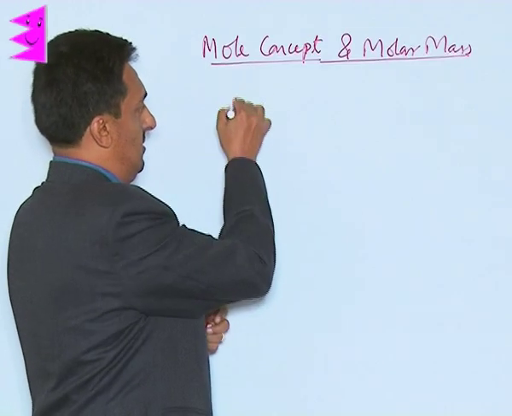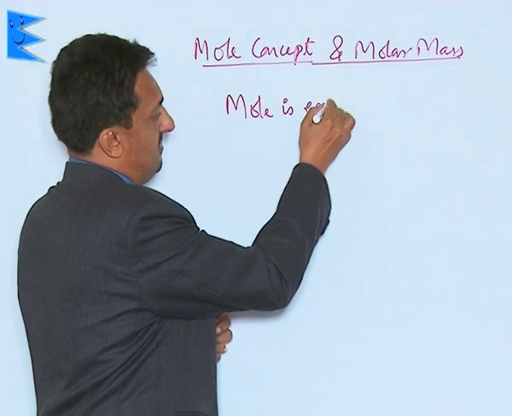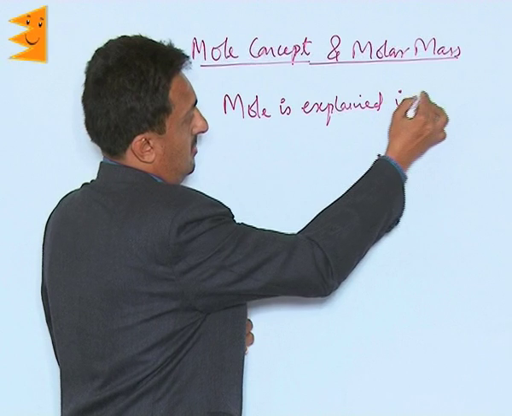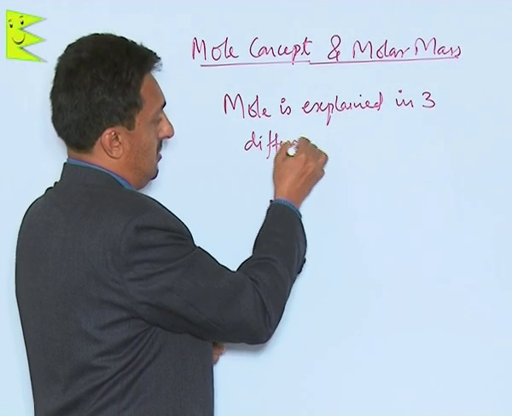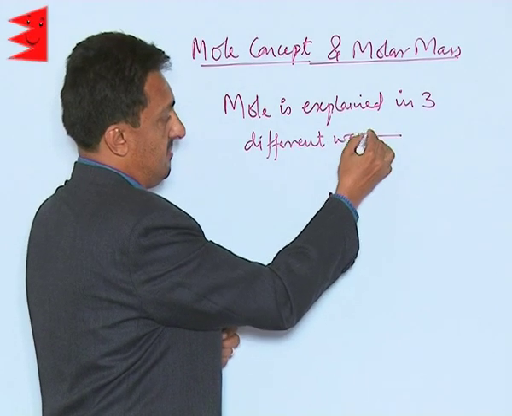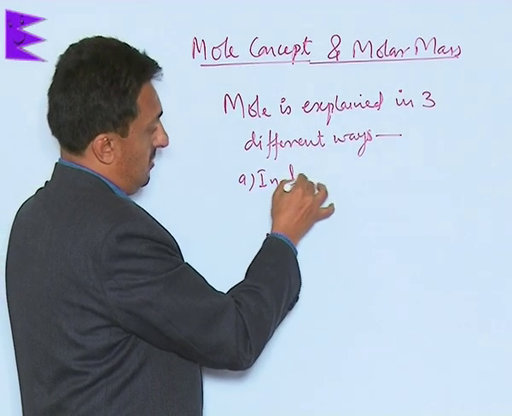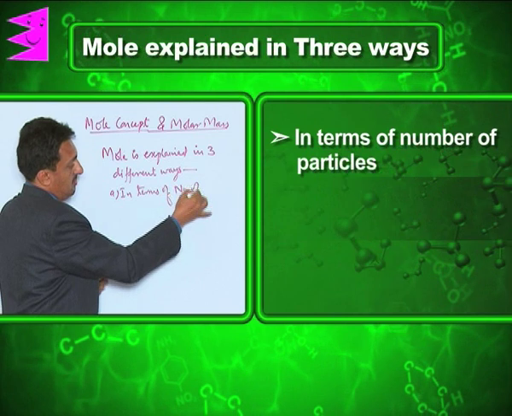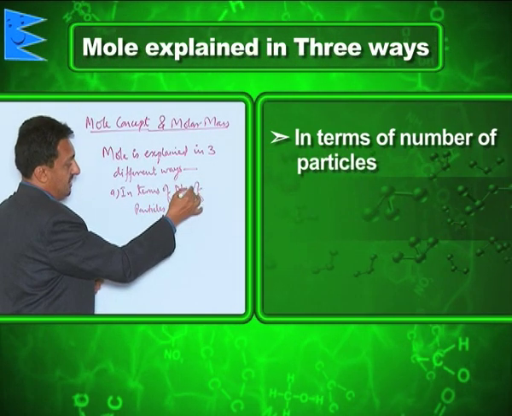The mole is explained in three different ways. The first is in terms of number of particles.